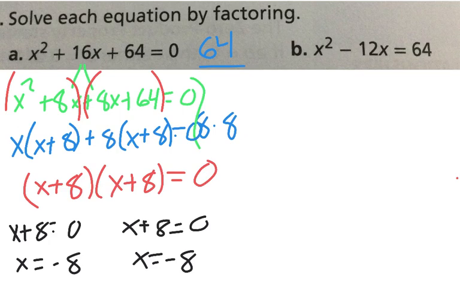That's vertex form because it has something in parentheses being squared. So this means I did what with my graph? I shifted it left 8. So my vertex is at negative 8, 0, which is where the x-intercept is. Because the x-intercept's on the vertex. It all makes sense. It all works together.